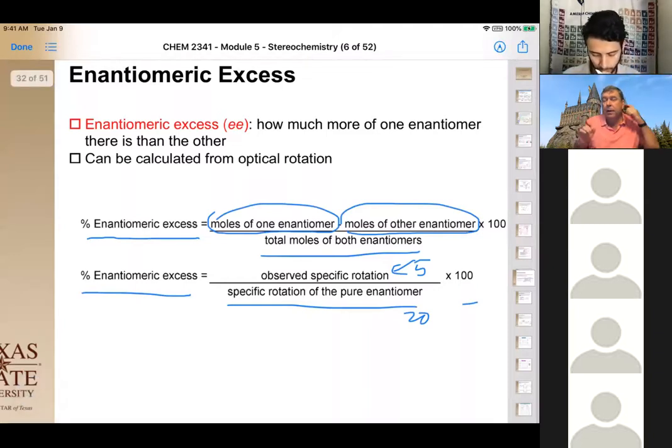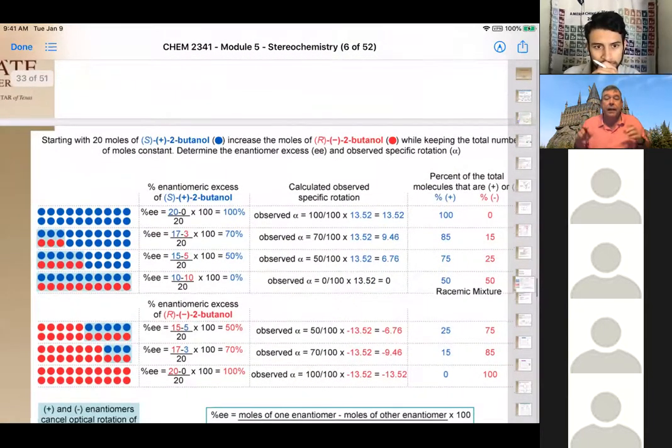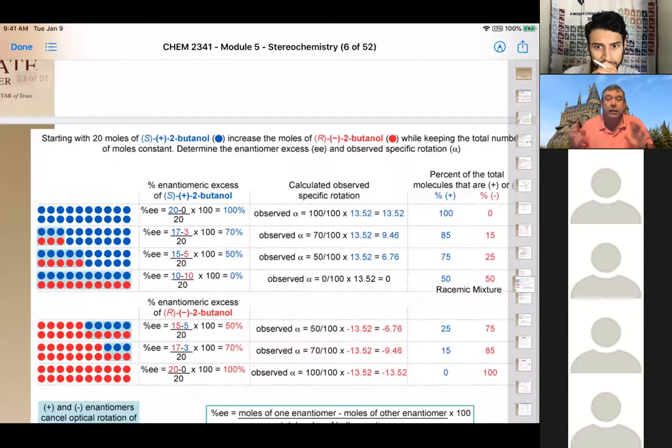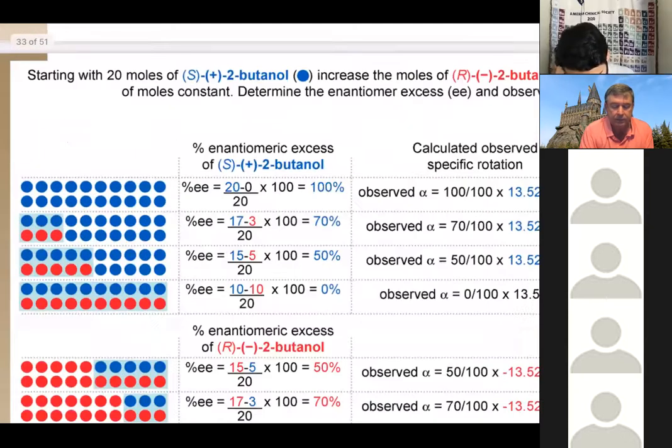So that's kind of where we're looking at that. So let's talk about why it's not actually percents of molecules here. The reason we like to do it with the calculated observed specific rotation is because that accounts for the number of molecules that are canceling each other out. So let's look at that in this box here.